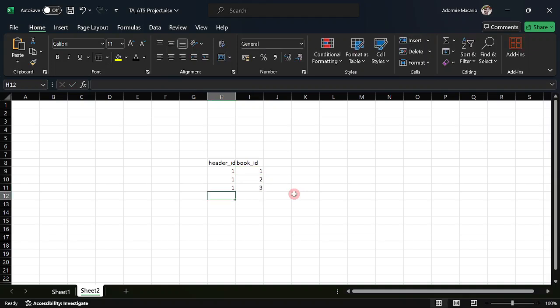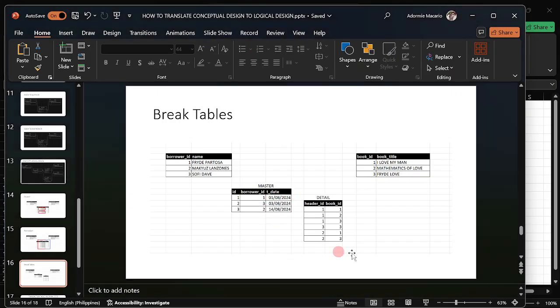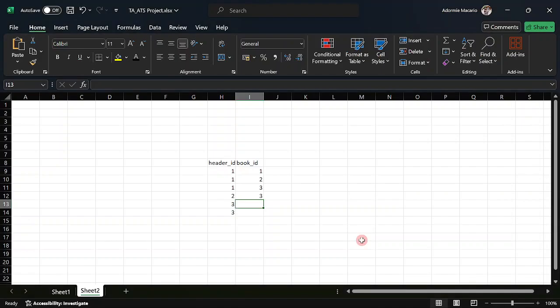Then for header number 2, he borrowed book number 3, and for header number 3, he borrowed books 1 and 3.